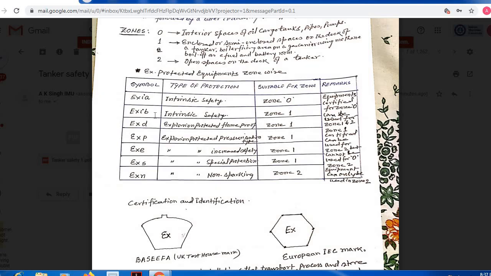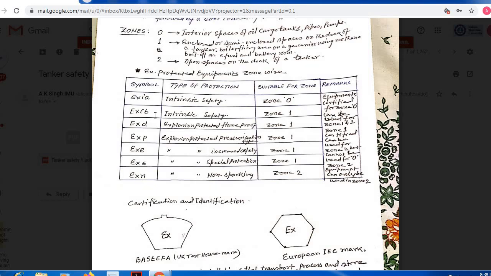So who are the approving or certifying bodies? Different countries have their own certifying bodies, but two are very common, and in India we are following the British Test House. We will talk about various others, but we are taking two into consideration.